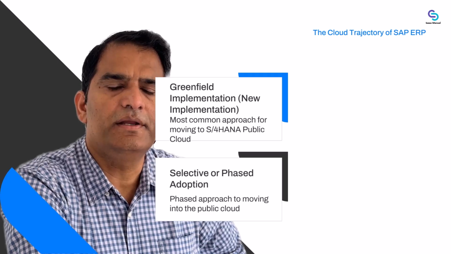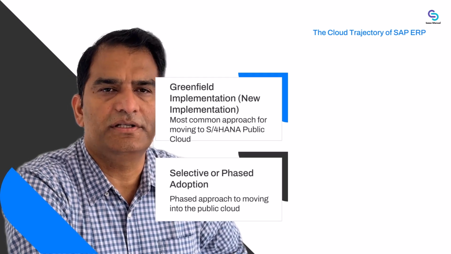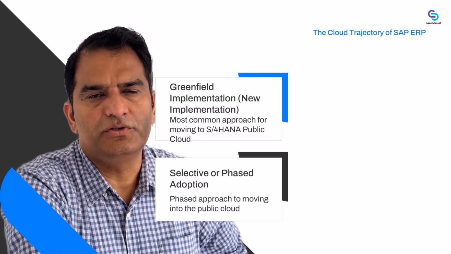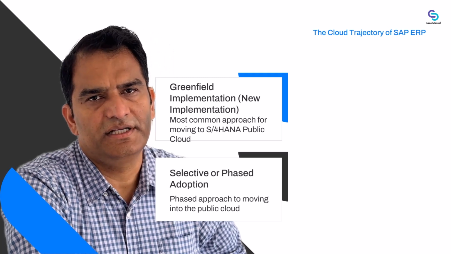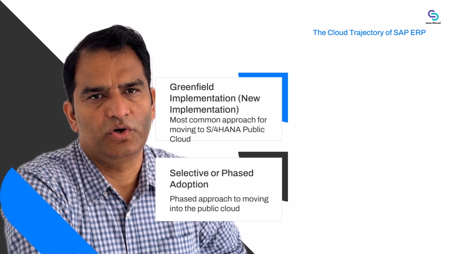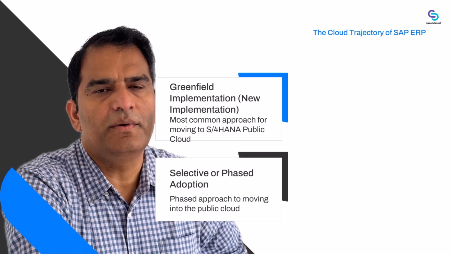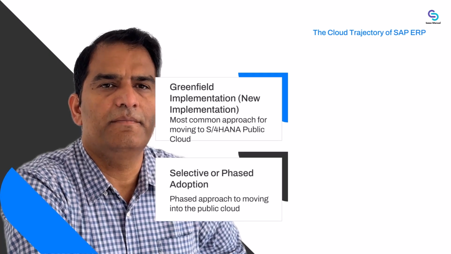This allows the company to test the waters with public cloud, standardized processes in simpler entities, and create integrations between the two tiers. SAP provides packages for integrating S4 to S4. Over time, the core could then move to cloud as well, or new acquisitions can be quickly absorbed by putting S4 public cloud in place for them.